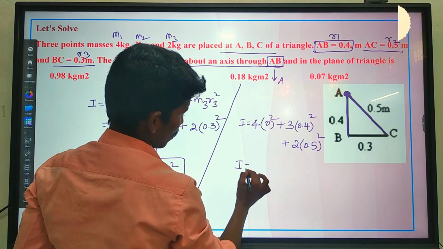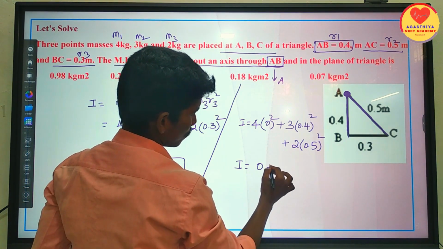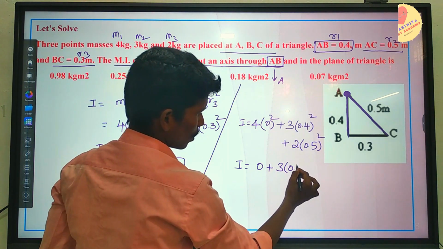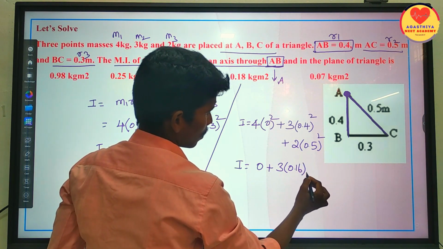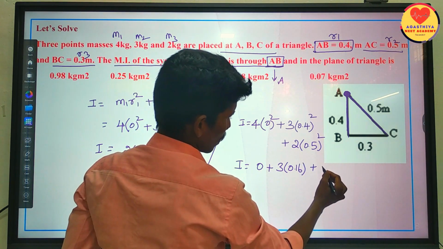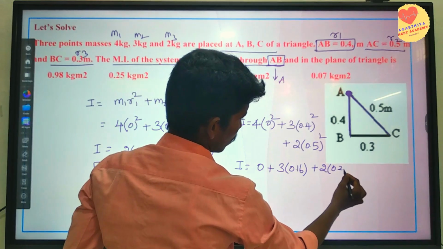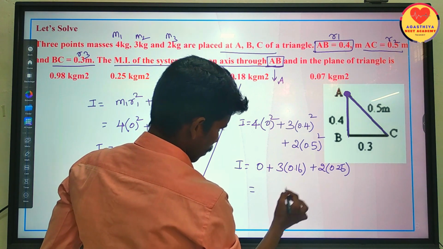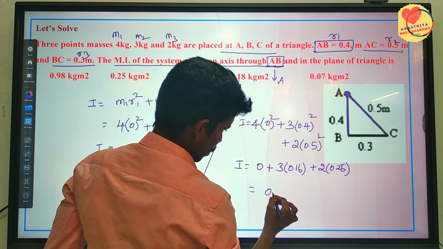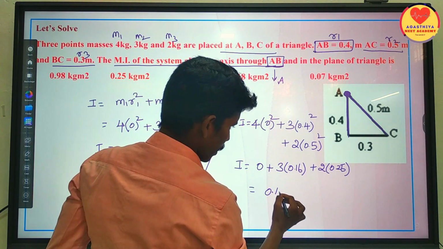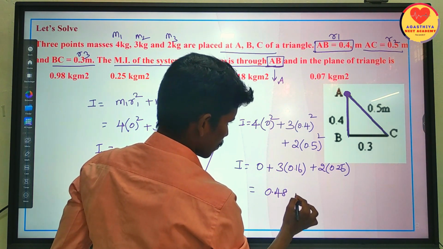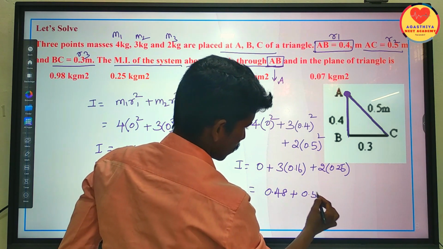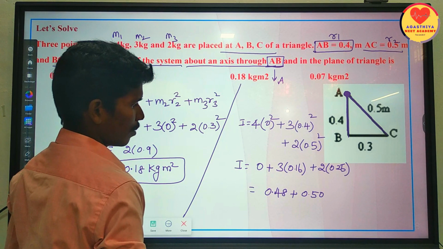Now simplify the above terms. That is 0 plus 3 into 0.4 the whole square, that is 0.16, so 3 into 0.16 is 0.48, plus 2 into 0.25, that is 0.50.